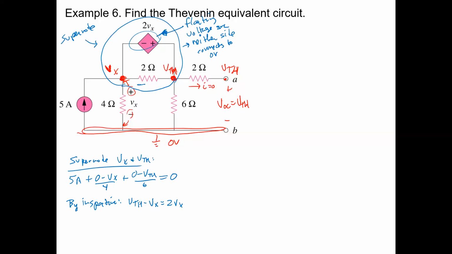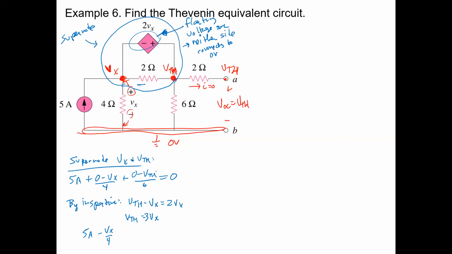A little bit of work says that 3 V-Thevenins would have to equal Vx. Wait, I did it the wrong way. Sorry. VTH equals 3Vx. So this becomes 5 amps minus Vx over 4.